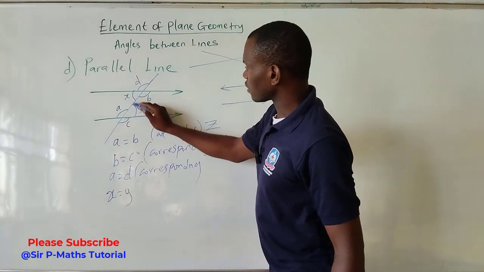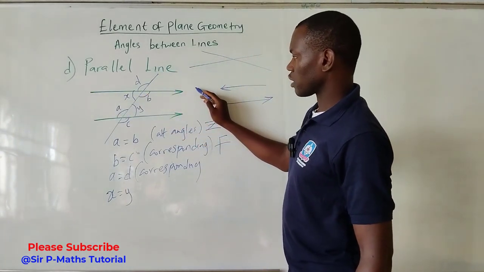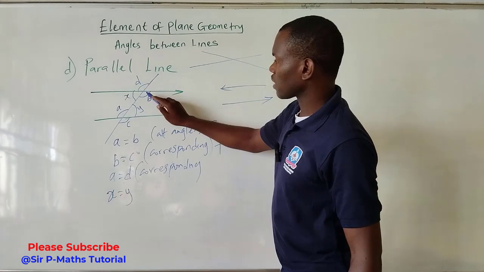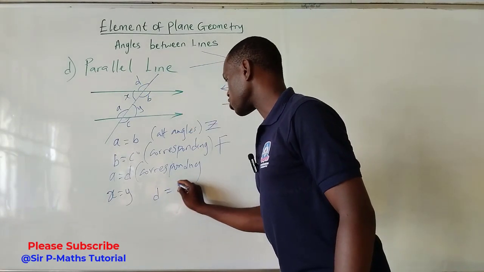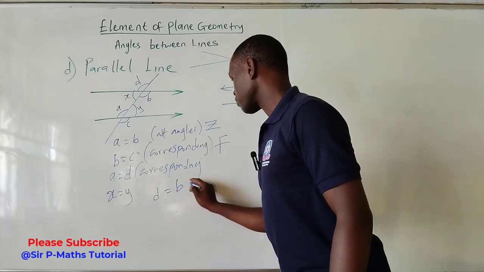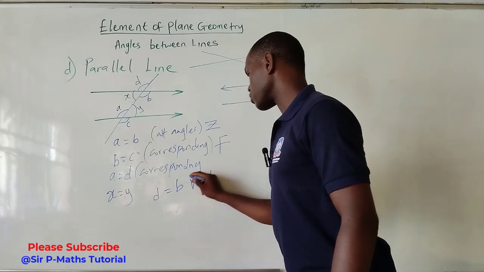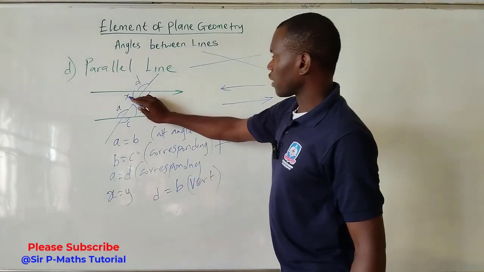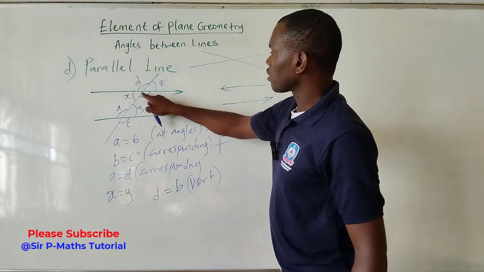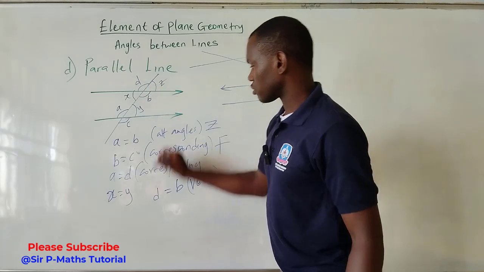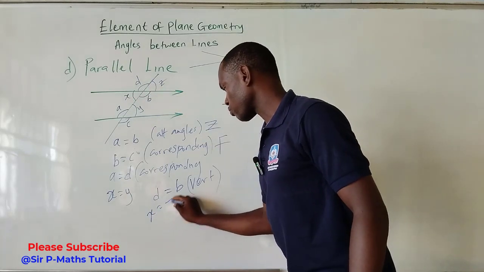So this line is intersecting with this horizontal line. So D is vertically opposite to B, and they are equal. D is equal to B, vertically opposite, all right? Now, x can also be equal to, let's name here z. Here is vertically opposite, so x is equal to z.